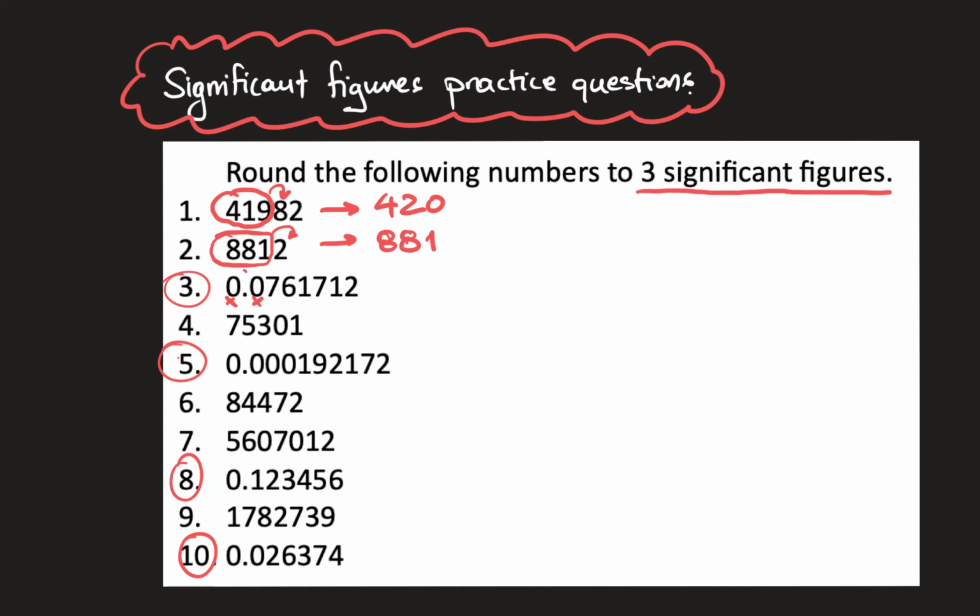So the three significant figures for question number 3 are what I put inside the circle. So it's the 7, the 6, and the 1. And then you check the next one, which is a 7. That means the number in the circle is going to go up by 1. So you have 0.0762. And that's the final answer. We don't need to add any zeros after that because it just doesn't really add any value to the number.